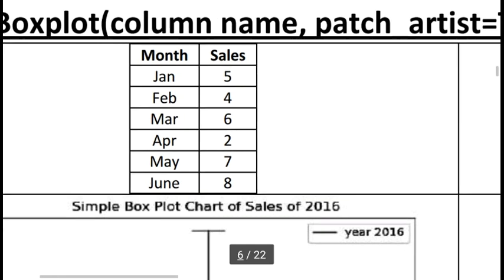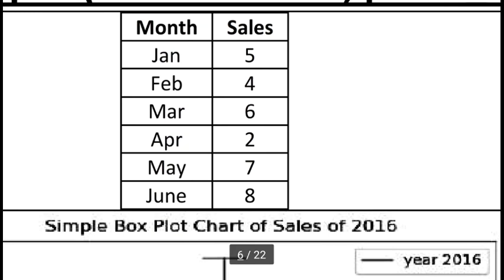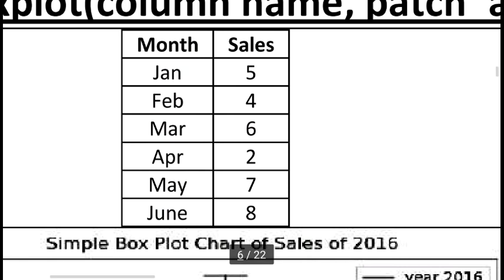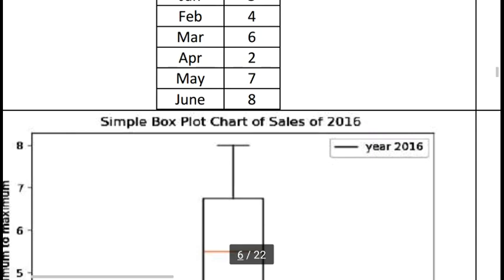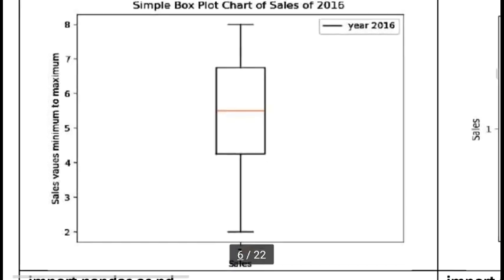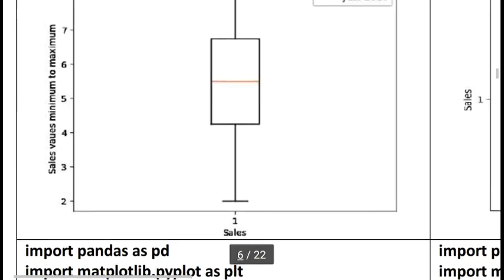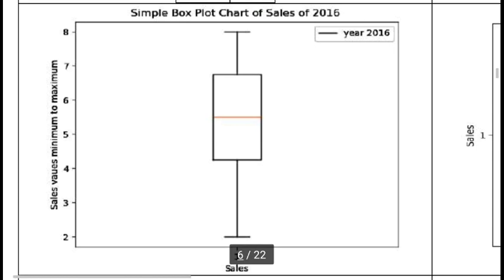You can see this is our simple data: month, sales. Jan 5, Feb 4, March 6, April 2, May 7, June 8. But here I want to convert this table into a box plot chart. So you can see this is our box plot chart. This is our final output.